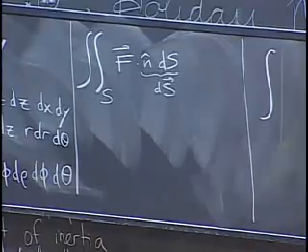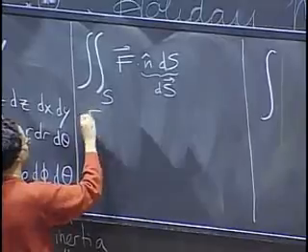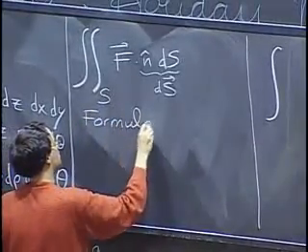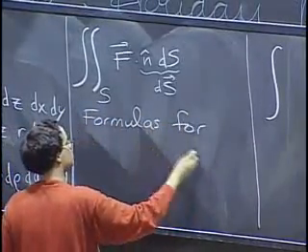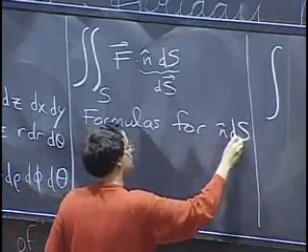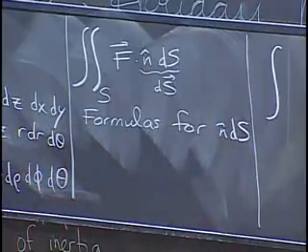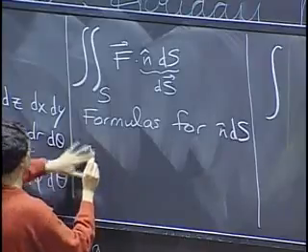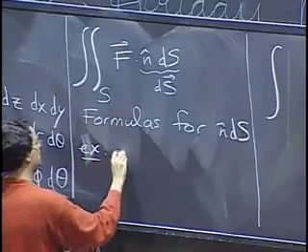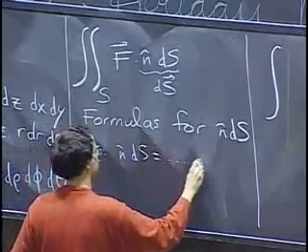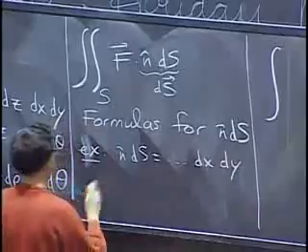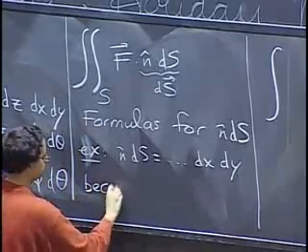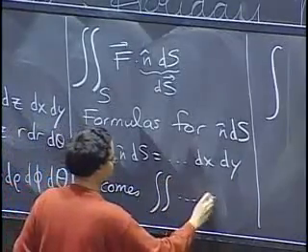Well, we've seen formulas for n dS in various settings. And once you have a formula for n dS that will relate n dS to maybe dx dy or something else, then you will express, so for example, n dS equals something dx dy, and then it becomes a double integral of something dx dy.